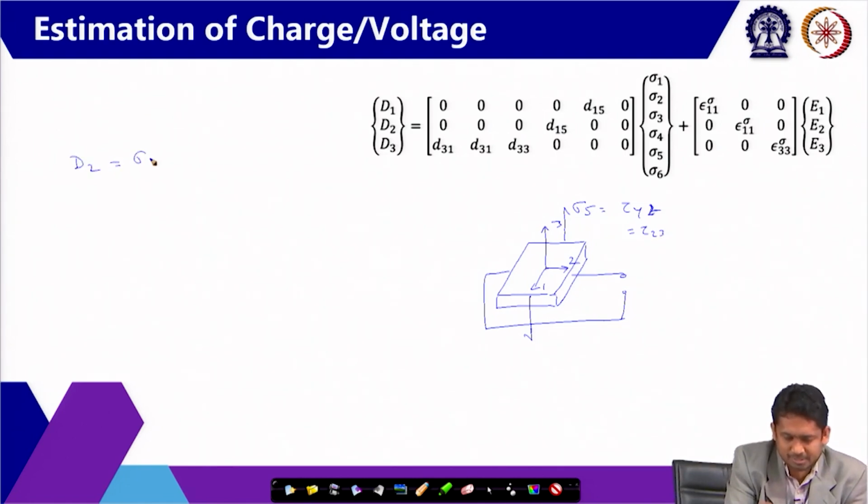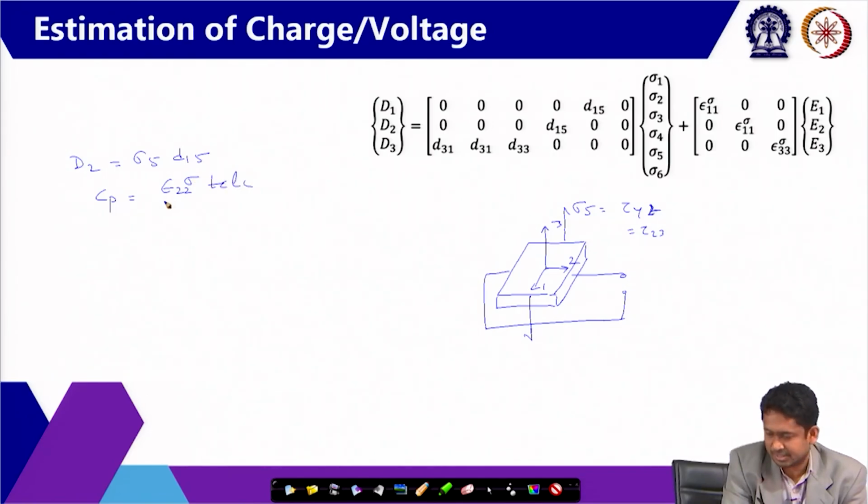So, D2 becomes now sigma 5 d15, and our capacitance changes because our voltage is measured along direction 1 now.